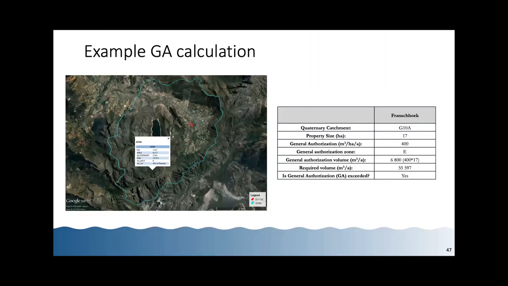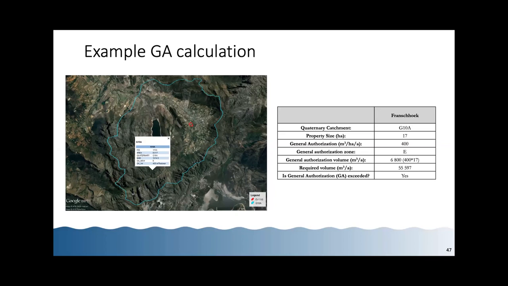Now, for an example to calculate whether you can apply just for a GA or a WULA: if your property falls within quaternary catchment G10A, the general authorization for that quaternary catchment is 400 cubes per hectare per annum.